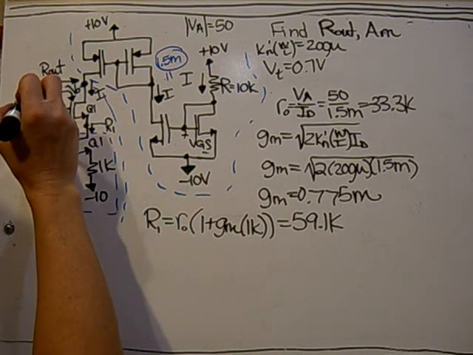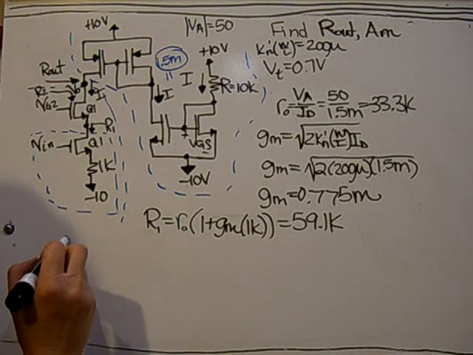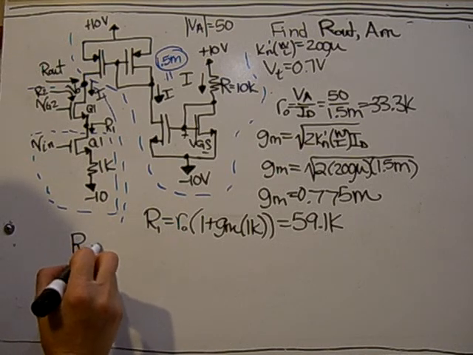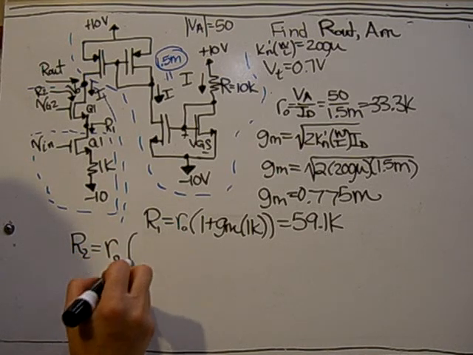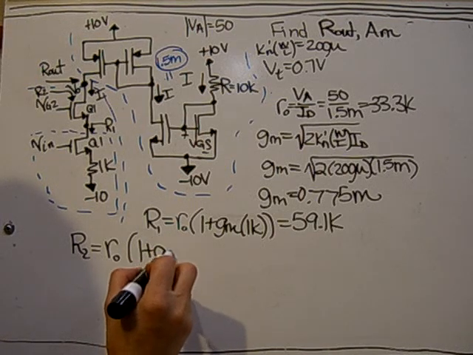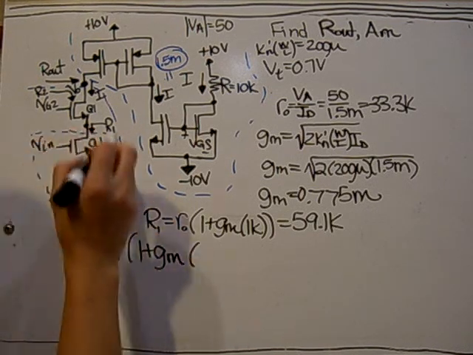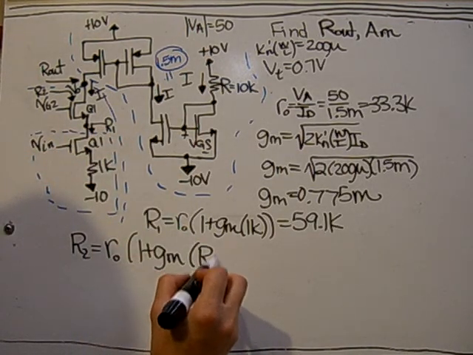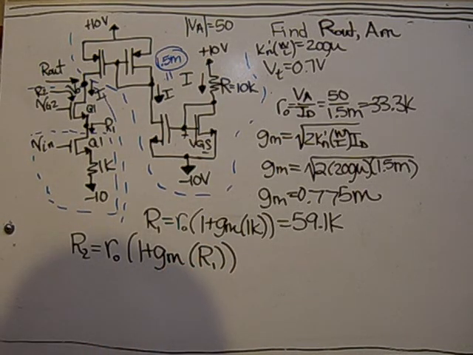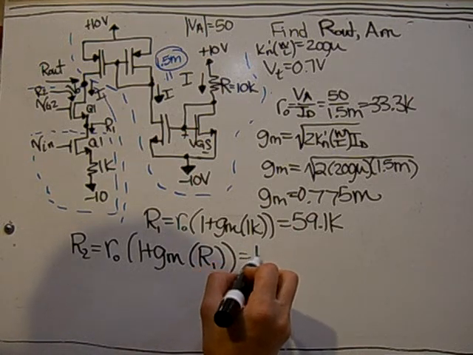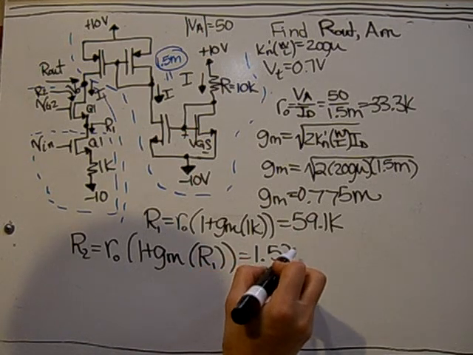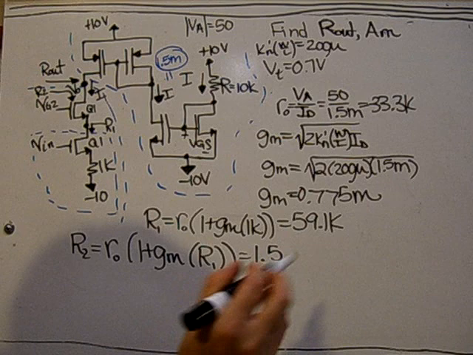And then if I label this R2, R2 is similar. It's RO 1 plus GM, this time it's now going to be R1. And that is a value of about 1.5 meg.